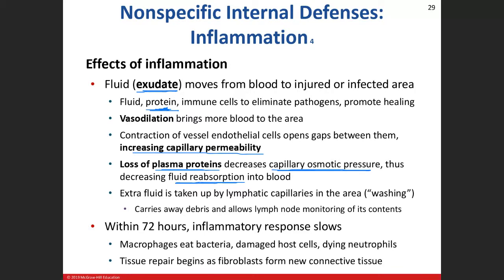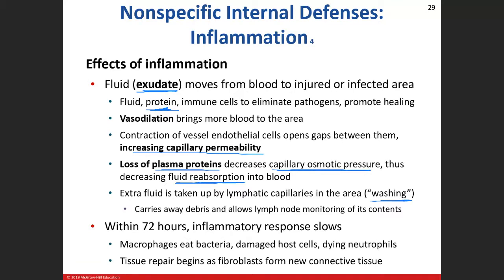Not really, because we have this process called washing. Remember, capillaries are found in between a venule and an arteriole, but there's another structure there too: lymphatic capillaries. They are also in that vicinity.